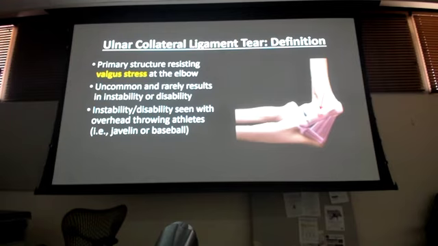Because there's other structures that provide inherent stability to the elbow. Okay? So in order for an elbow to be grossly unstable, a lot of other structures have to also be involved. But if it's an isolated ulnar collateral ligament injury, gross instability, meaning a lot of instability, like loose, is not common.